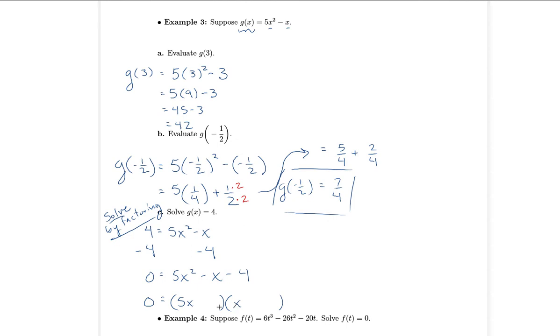And then remember that the last times the last has to equal -4. And then the outside, 5x times this, plus the inside, x times this, has to equal the middle term, -x. So at first what you might do is pencil in something that you know will make -4. Like, let's say I put a +2 and a -2 here.